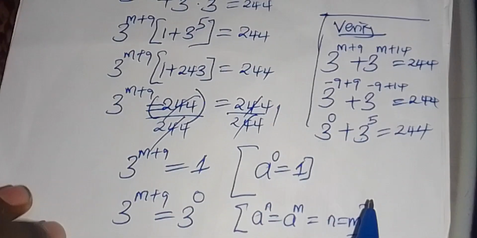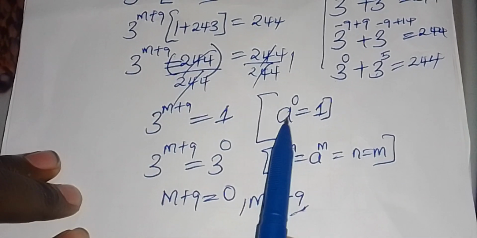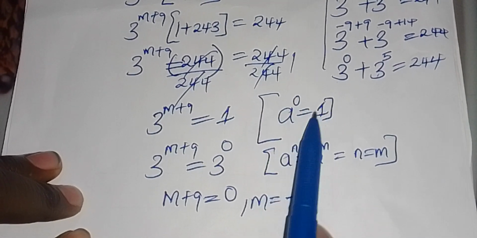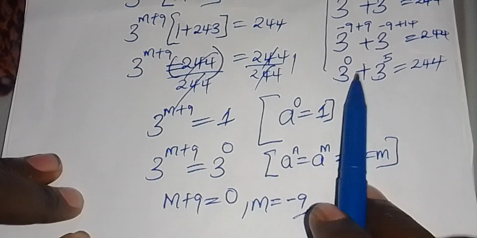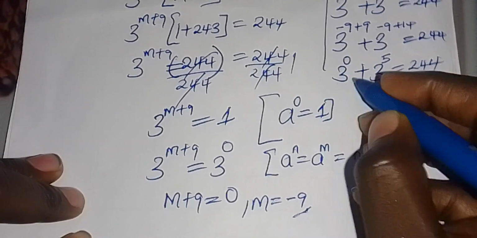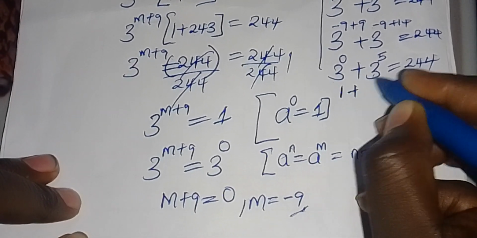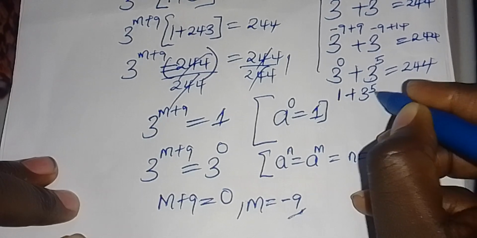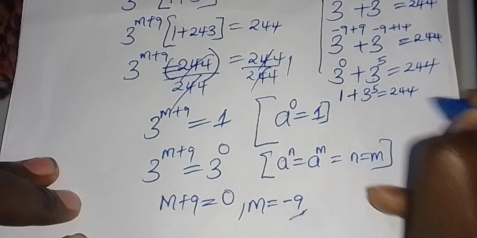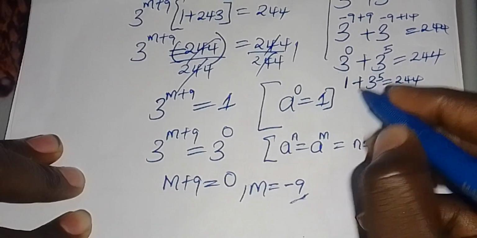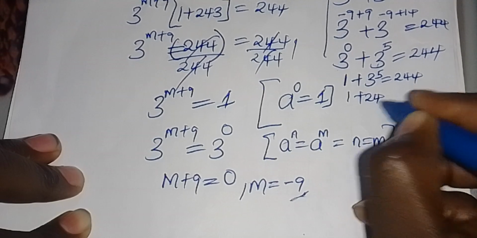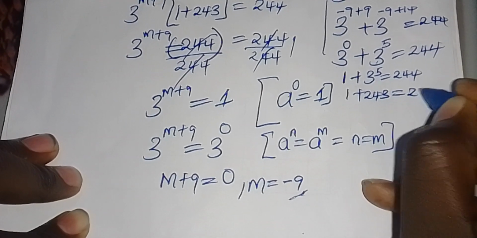But again, applying this identity that a raised to power 0 is equal to 1, therefore 3 raised to power 0 is equal to 1 plus 3 raised to power 5. This is supposed to give us 244. Okay, this is 1 plus 243, which is equal to 244.